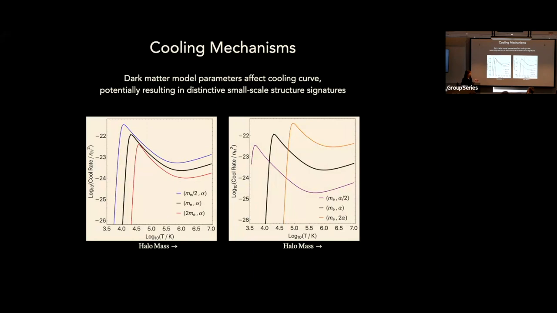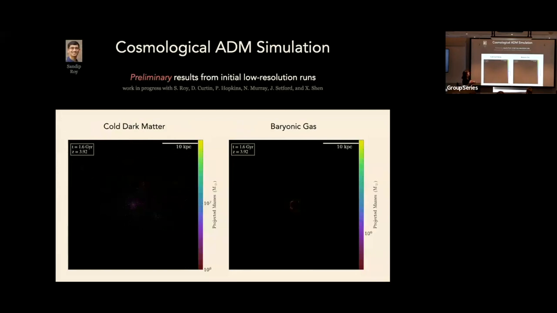What's the net result of all of this? Well, this is nice for painting an intuitive picture of what happens, but to really be able to make concrete predictions, at the end of the day, we need to run simulations on this. And so that's what we've been working on. This is my work, led by my student Sandeep Roy.